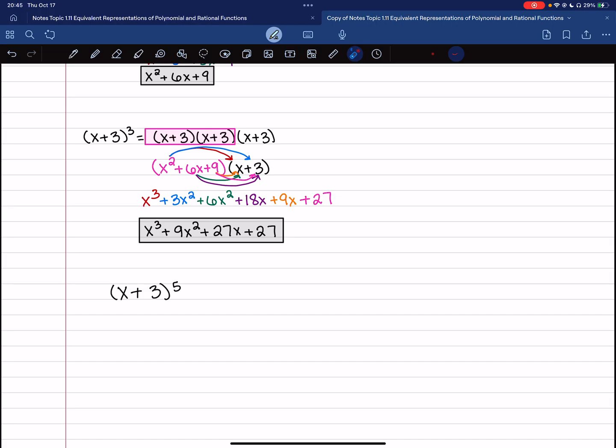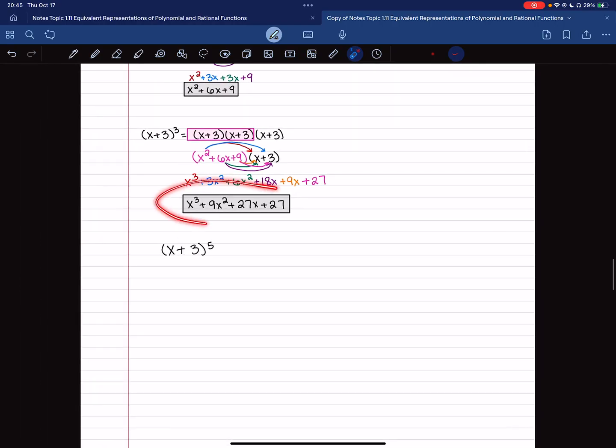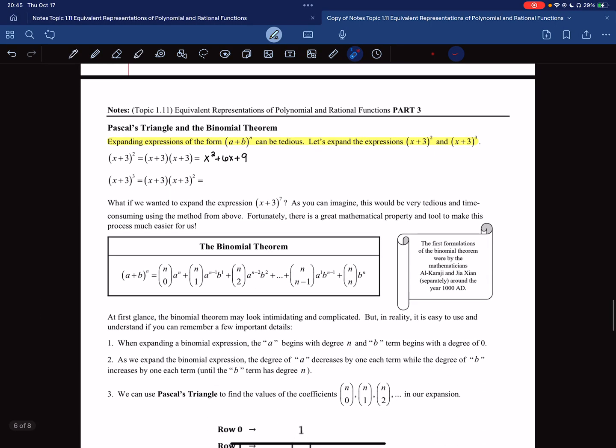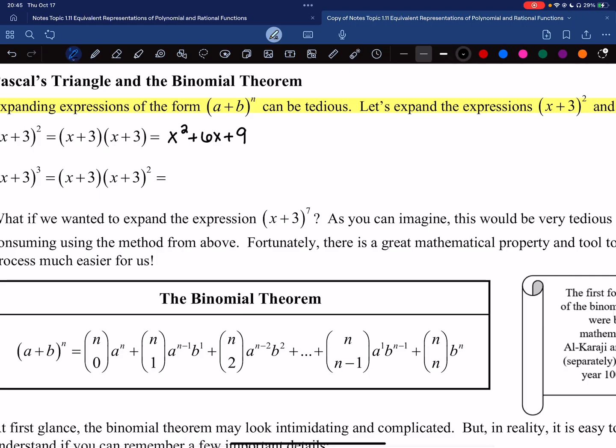Okay, so I'm going to go ahead and write this in right here. And so we got x cubed plus 9x squared plus 27x plus 27. Okay, so let's take a look at Pascal's triangle.